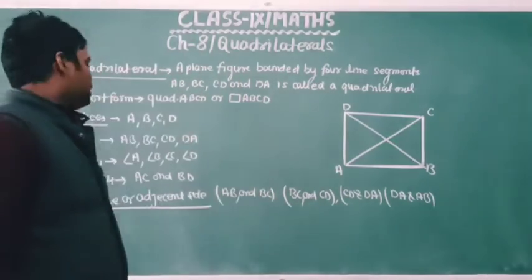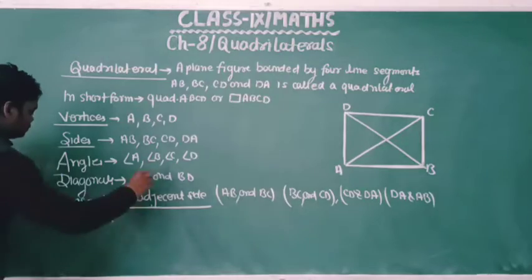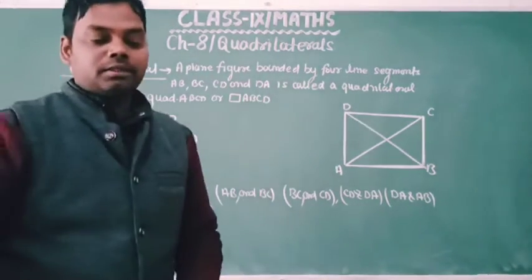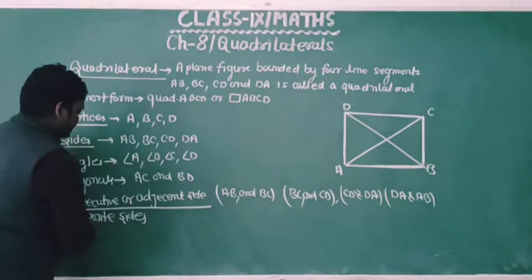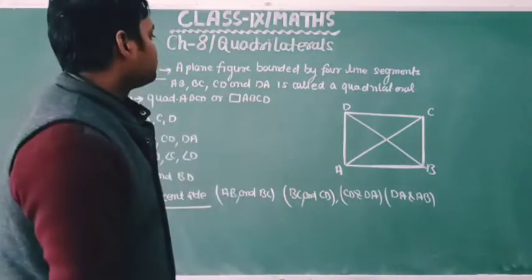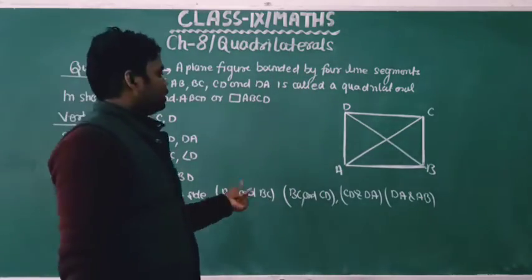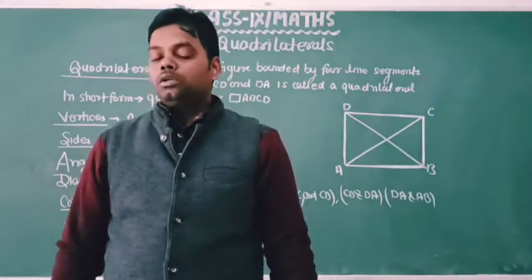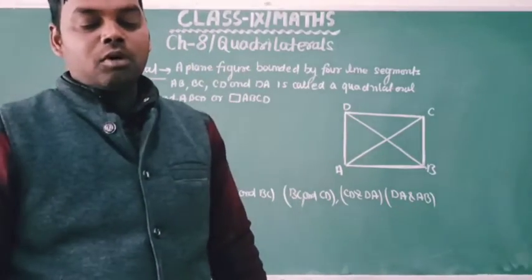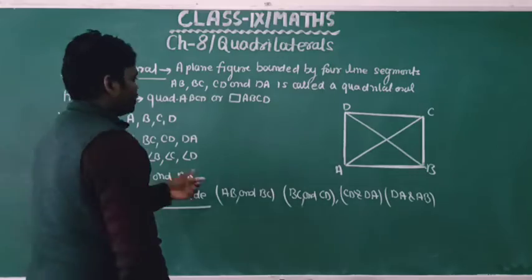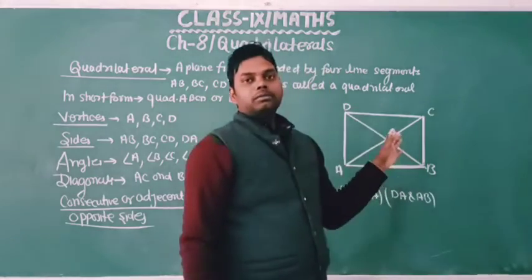Next, opposite sides. Two sides of a quadrilateral are called opposite sides if they have no common vertex.